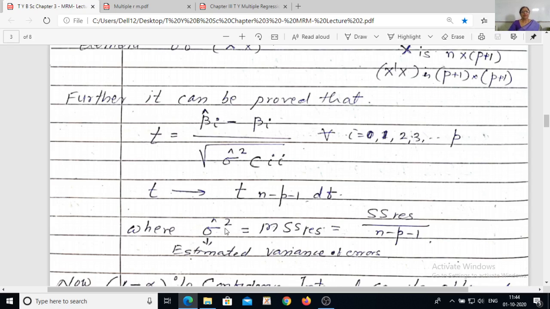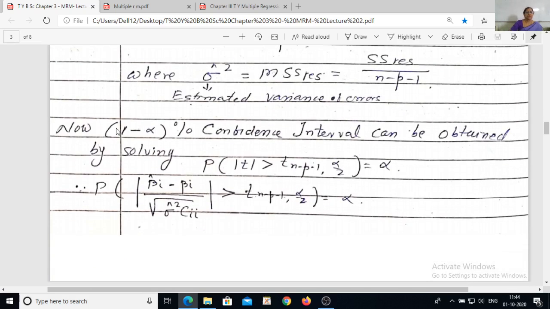Sigma square cap, we know, is estimated by the mean residual sum of squares, which is equal to residual sum of squares divided by n minus p minus 1, and this is the estimated variance of errors.